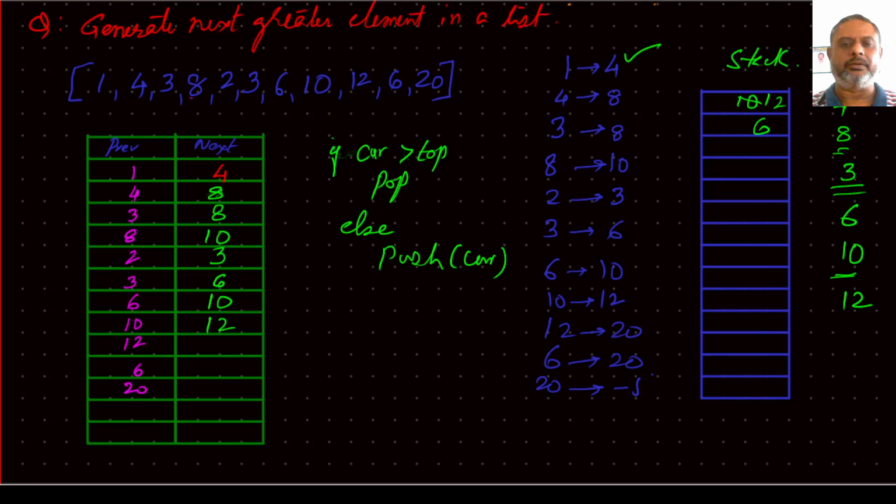The current value. And what do you do for the popped element? You put it in the position of next. Done. Okay. So we have 6 and top of the stack was 12, so 6 is not greater than, therefore 6 is pushed onto the stack.